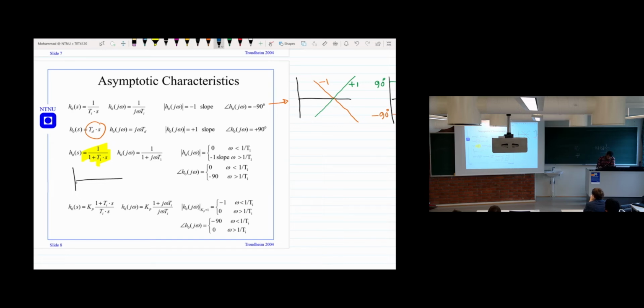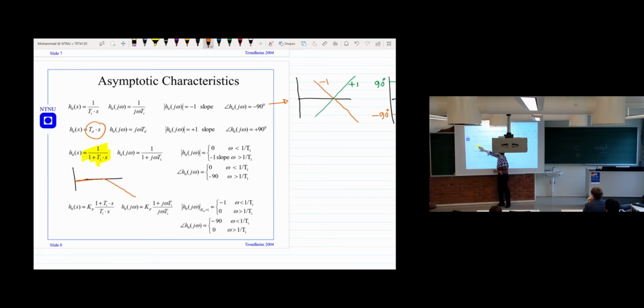So 1 means 0 dB. And when it reaches the cutoff frequency, 1/omega c, then it's like this. So this is what we are getting for this low pass filter.